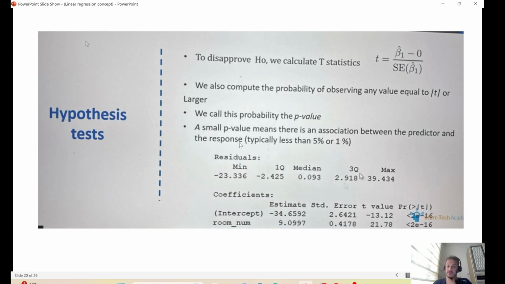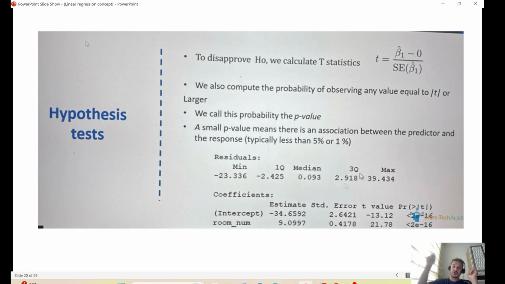A small p-value means the result is significant with your data, and a large p-value means it is not significant. You will see that when you run your model. So for the t-value, this is the hypothesis test: we need to see whether beta 1 equals 0 or not.